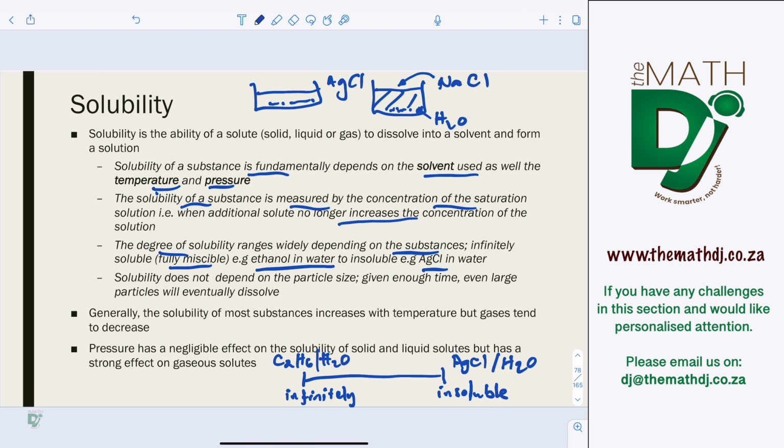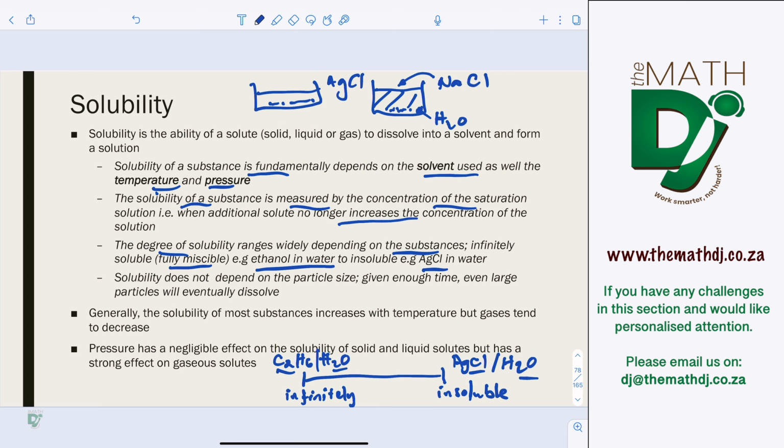So the solubility depends on the combination of substances being used. In this case, the infinitely soluble one was ethanol and water. Then the insoluble example was silver chloride and water. There are many substances that do not dissolve in other substances. So these are just the basics we are showing you here.